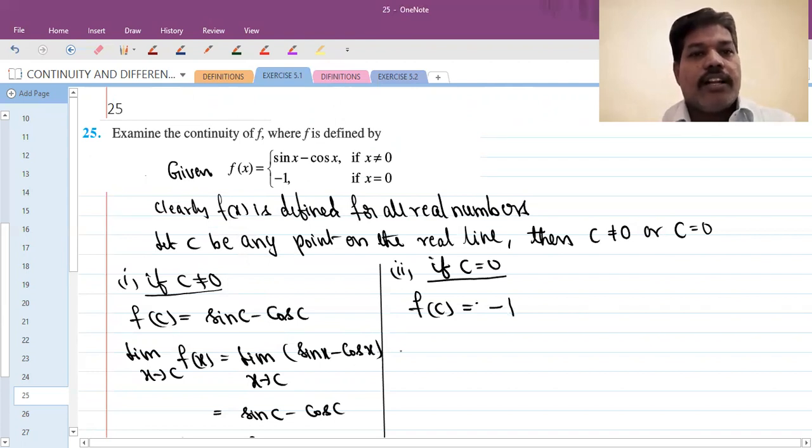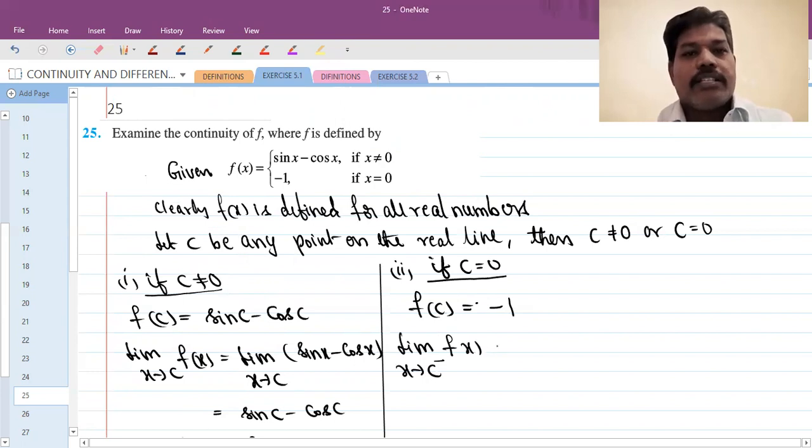Next, I will take the limit as x extends to c minus of f of x. What happens? Limit as x extends to 0 minus of f of x. The f of x value is nothing but sin x minus cos x.